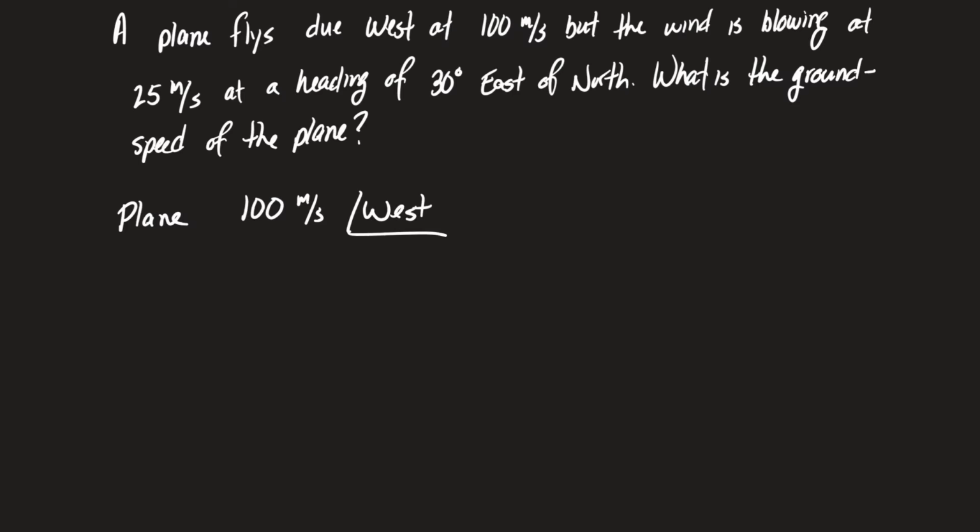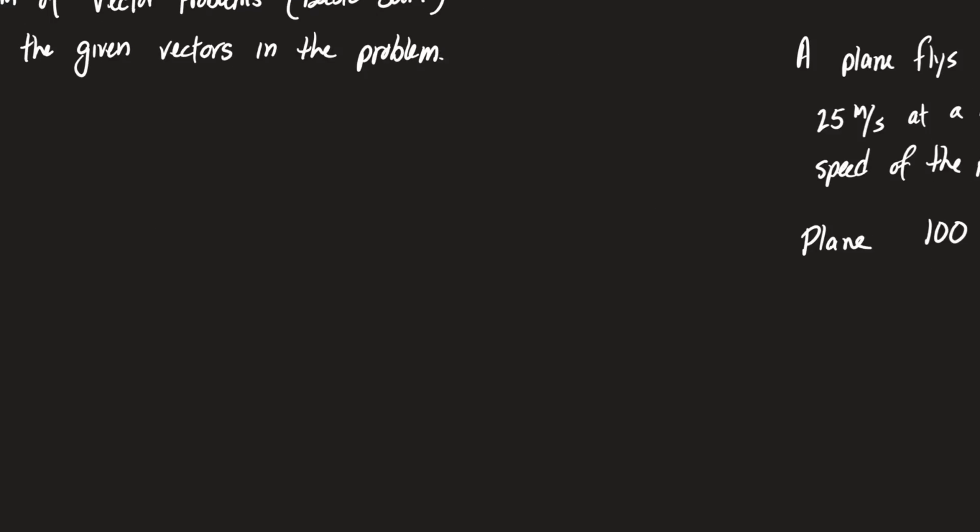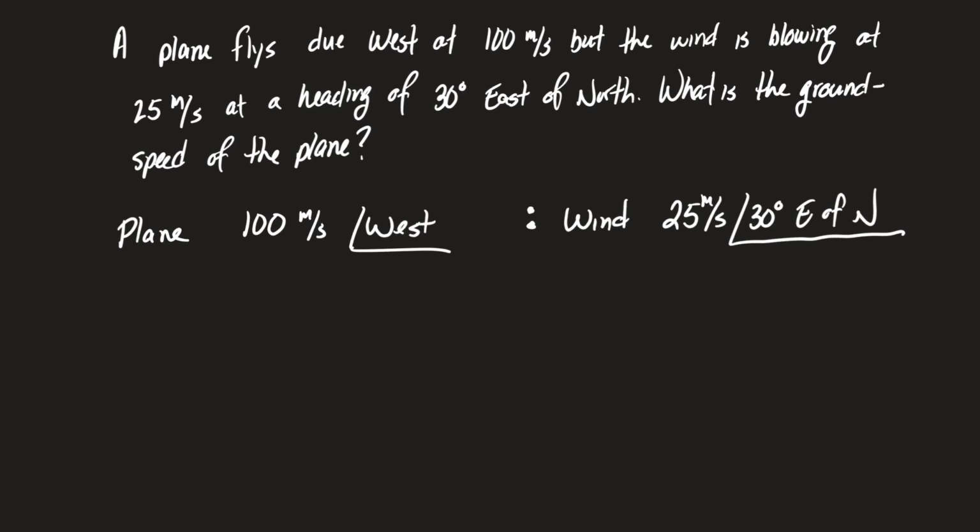But the wind appears to be 25 meters per second, but it is 30 degrees east of north. All right, so I think we've identified the 2 vectors, kind of wrote them out in vector format. Am I going too fast?